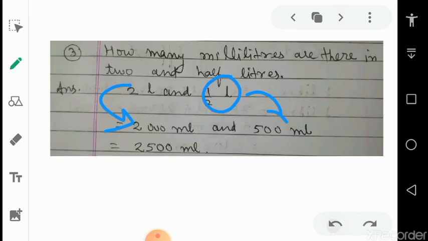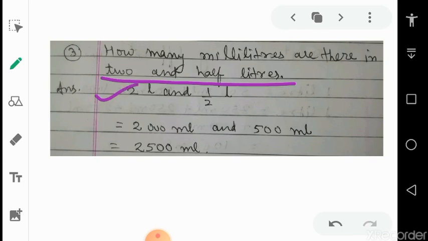Next, how many milliliters are there in 2.5 liters? Again here is a whole number and a fraction, so we write the given value mathematically. This 2.5 liters is equal to 2 liter and half liter.